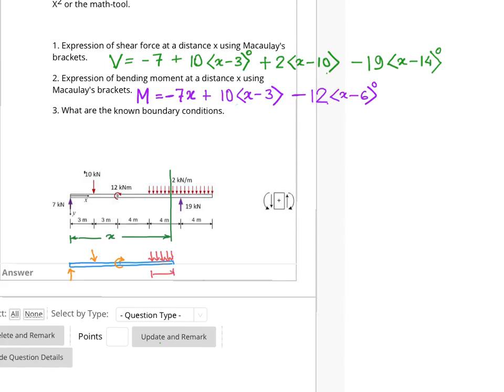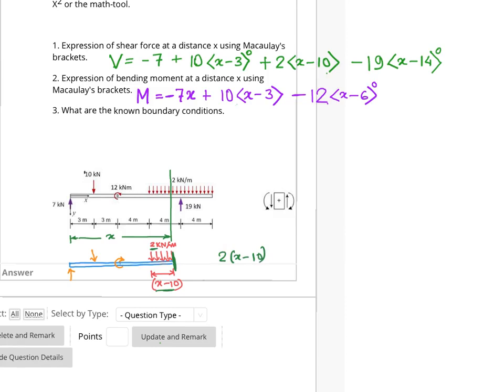And this distance is really how much? x minus 10. So what would be the moment due to this 2 kilonewton per meter loading at this section? Moment would be load times the distance. So that is 2 times x minus 10.